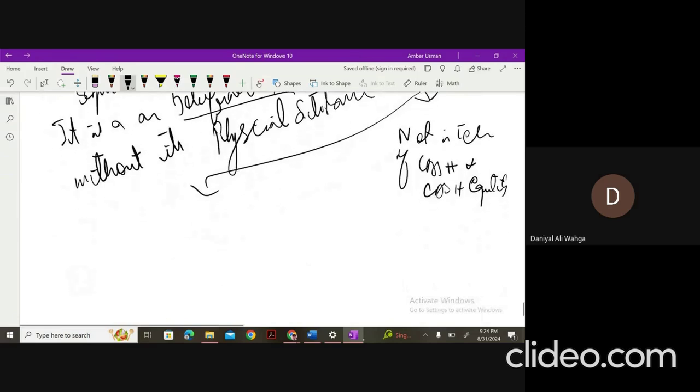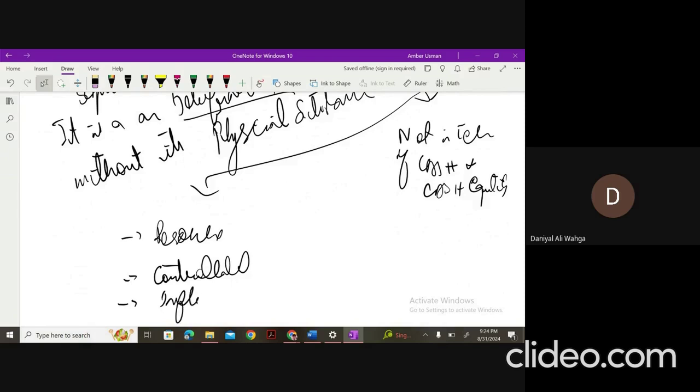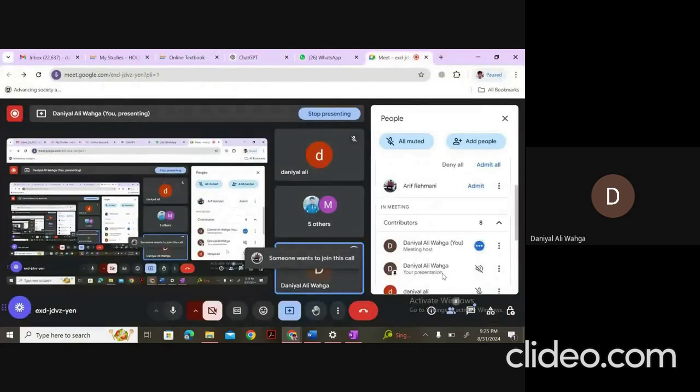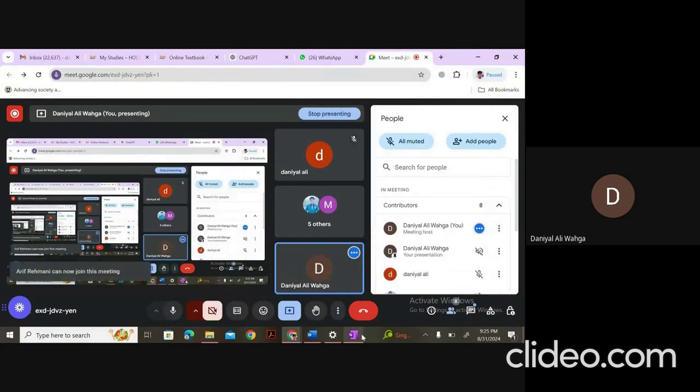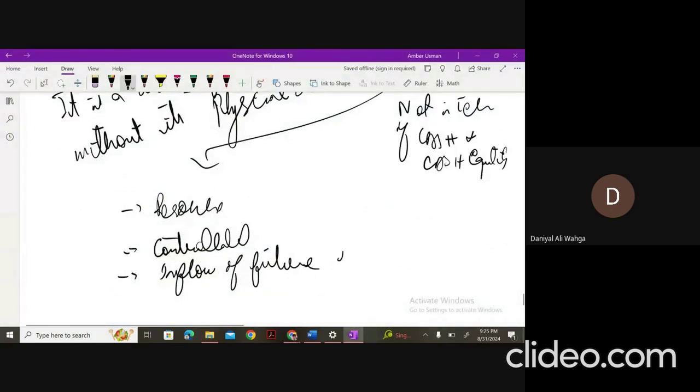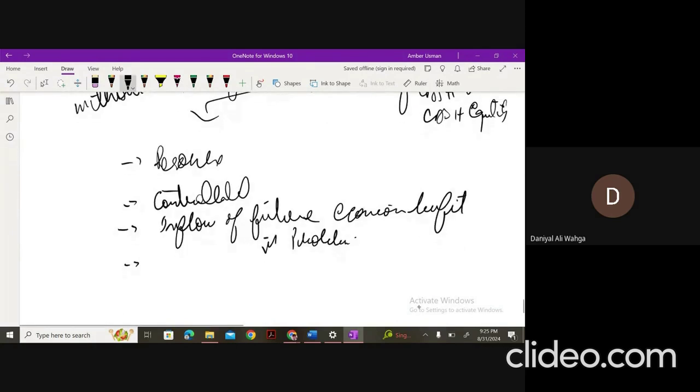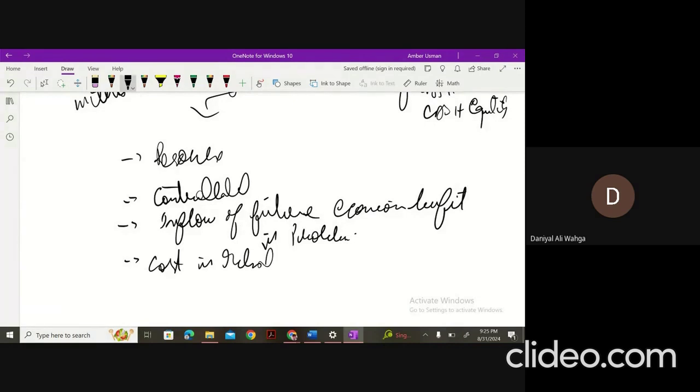To be an asset, it should be a resource which is controllable, from which the inflow of future economic benefit is probable, and the cost is reliably measured.